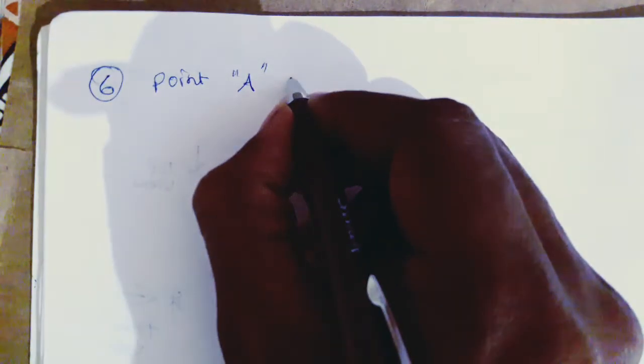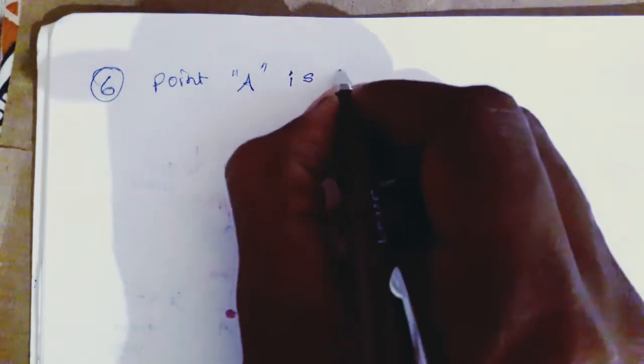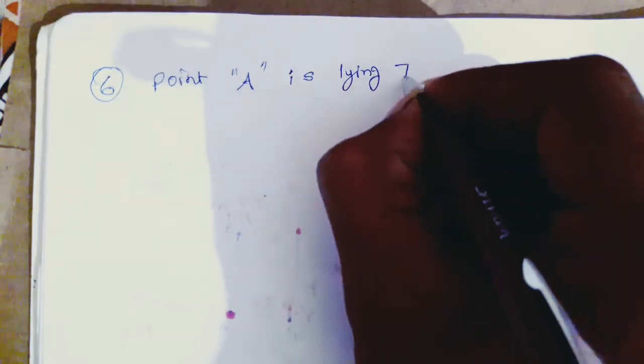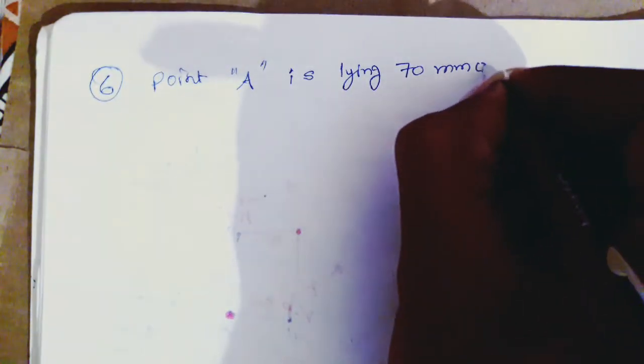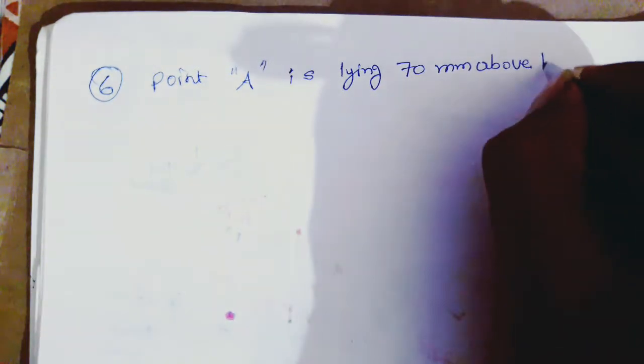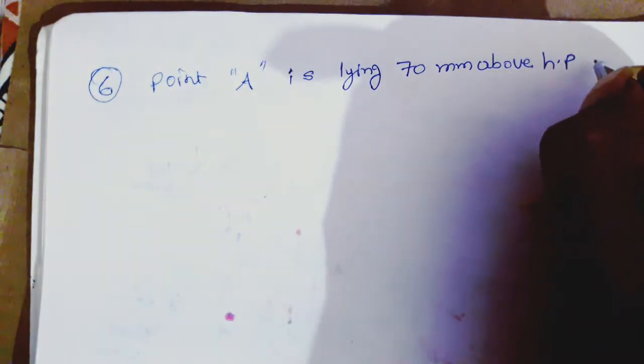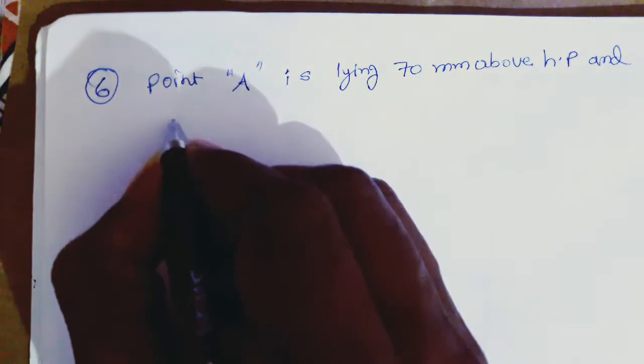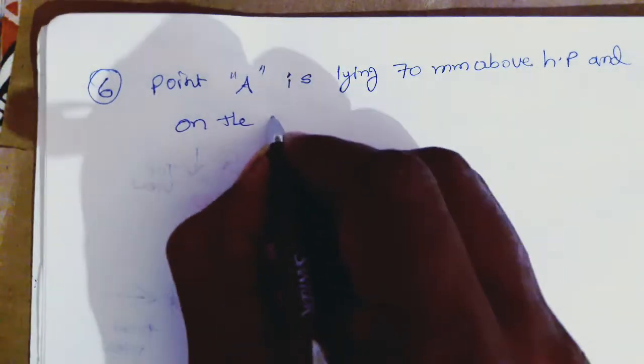Next, sixth one, point A is lying 70 mm above HP and on the VP.